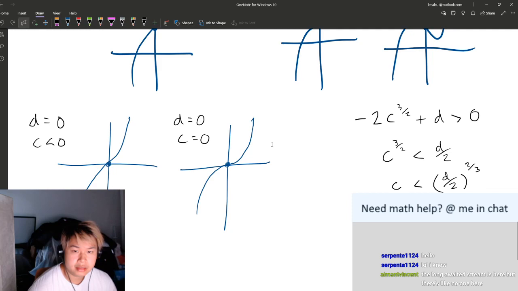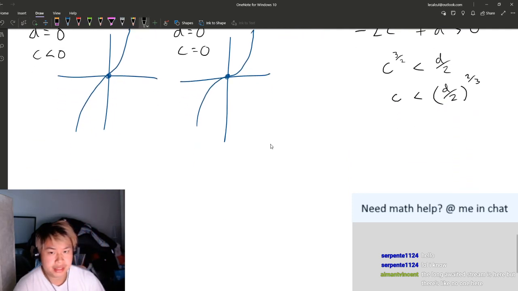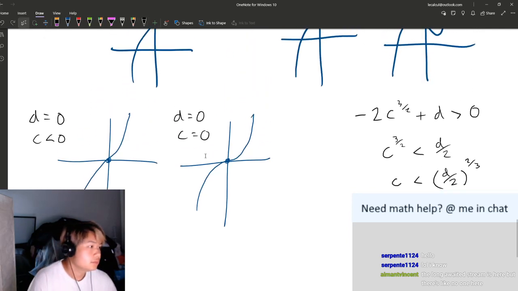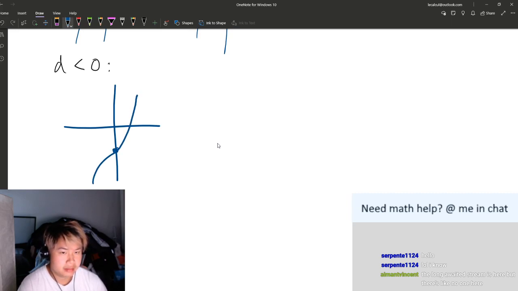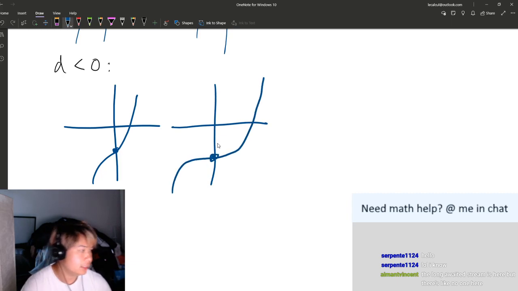And then, what do we got? The last situation, which is kind of the opposite of the first situation. If your y-intercept is below the x-axis, then again you can draw it like that, or you can draw it so that you have your inflection point like that.